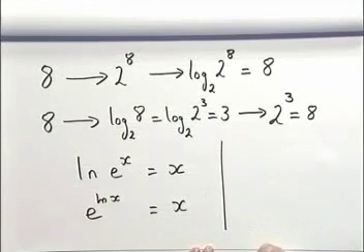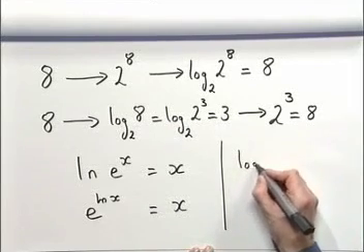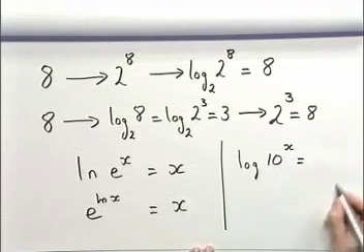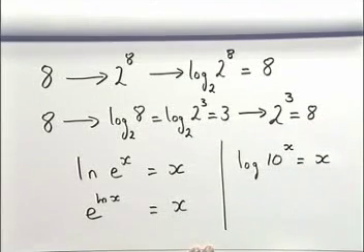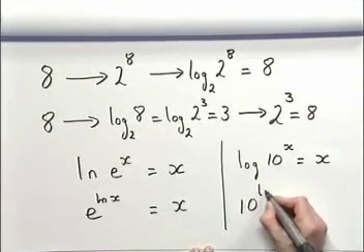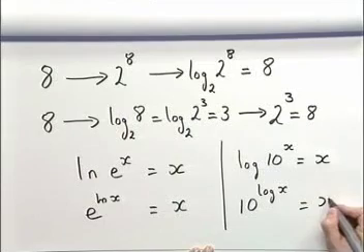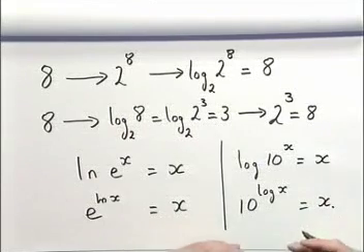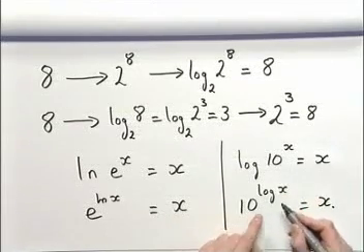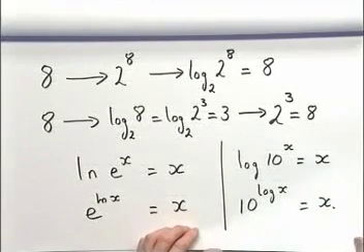Similarly, if we take our base 10, then the log of 10 raised to the power x is just x. And if we take 10 and we raise it to the power the log of x, then again the answer is just x, because by raising 10 to this power, we have undone what we did by taking the log of x to base 10.